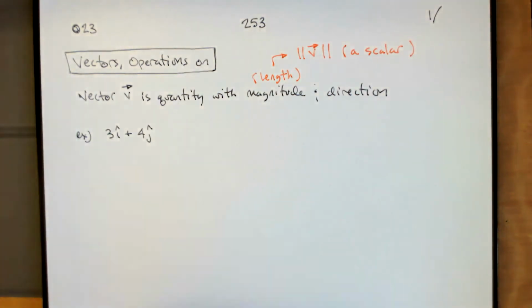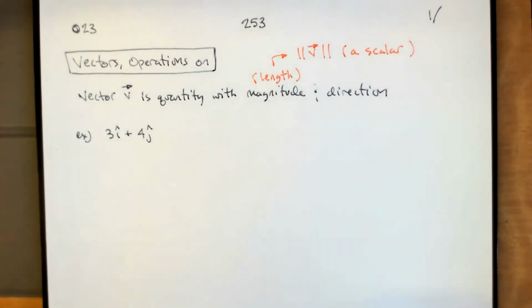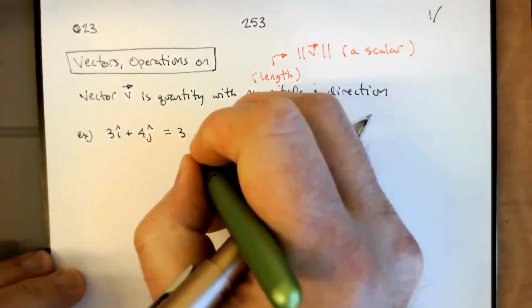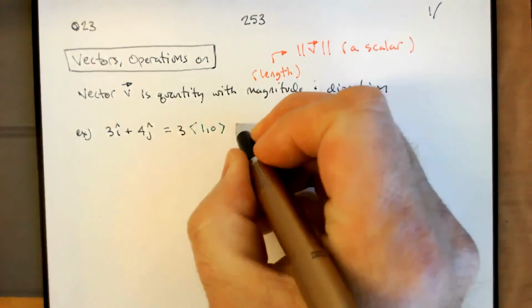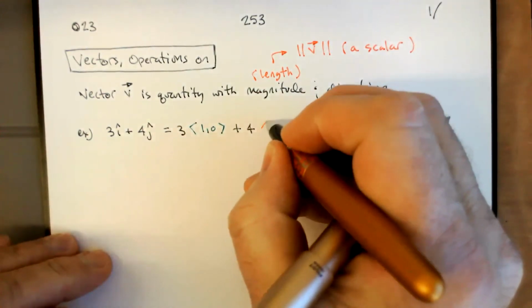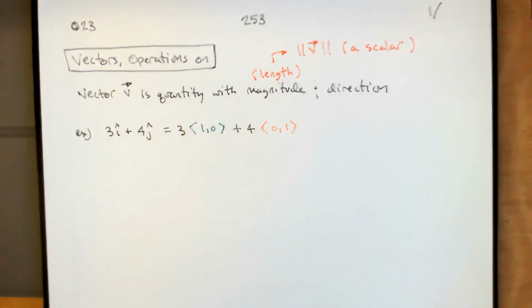Remember that i is just the vector 1, 0, and j is the vector 0, 1. i and j are the horizontal and vertical components of the vector. So 3i is the horizontal component, 4j is the vertical component.